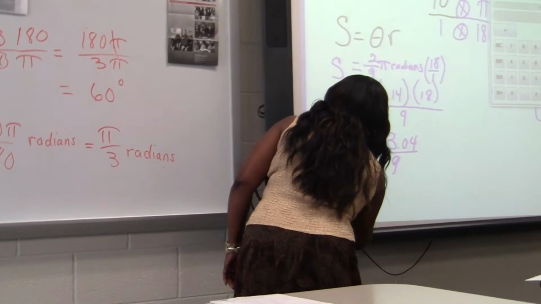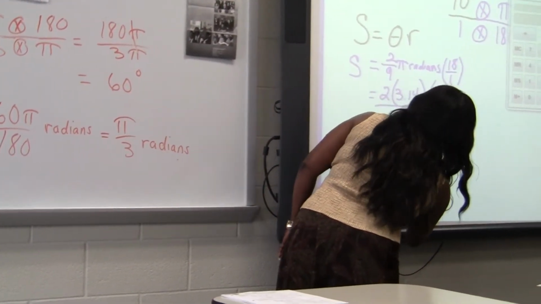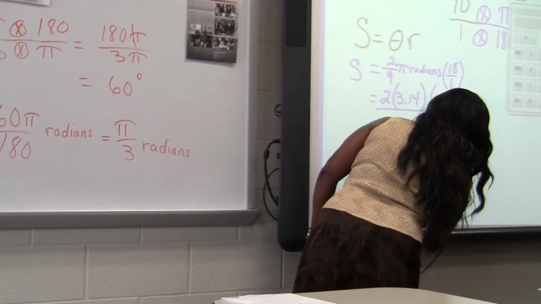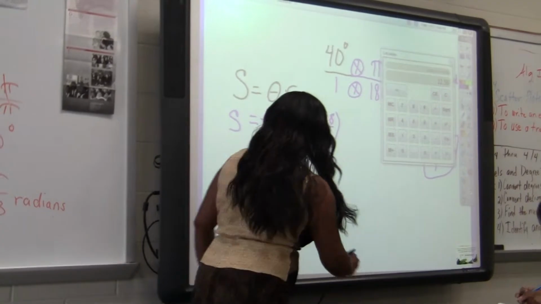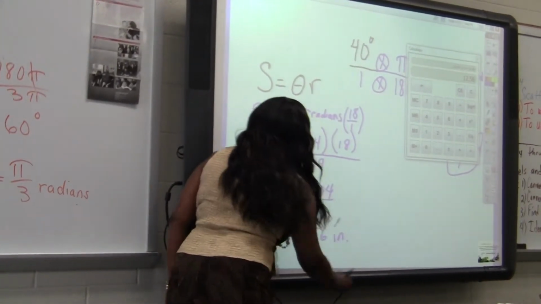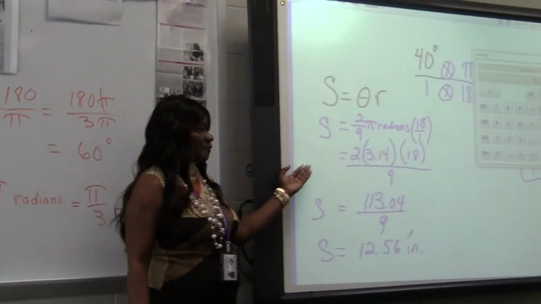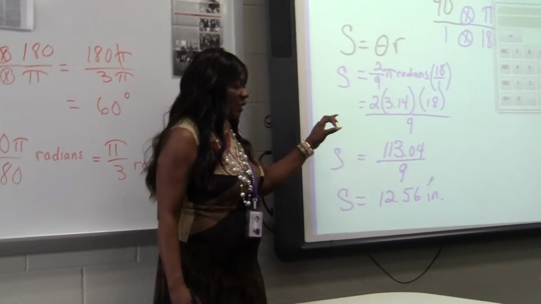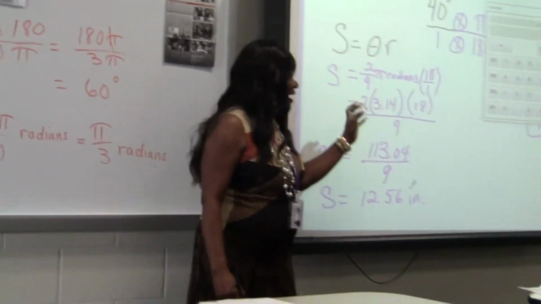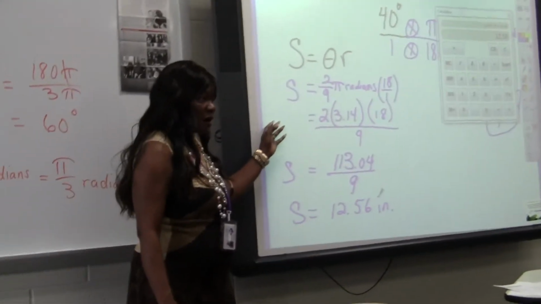They said s, therefore, is equal to 12.56. But do we have some inches? Inches. Okay. There it is. That's how we would do the arc length. We find the length of this arc.